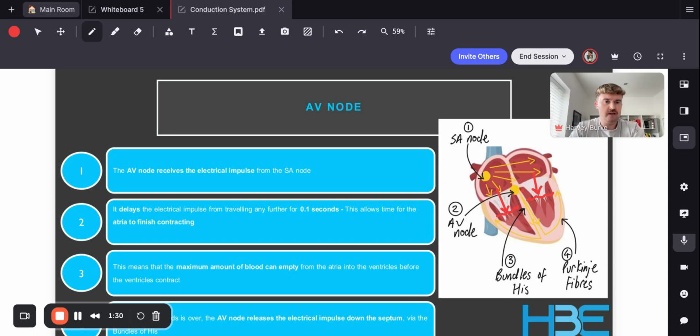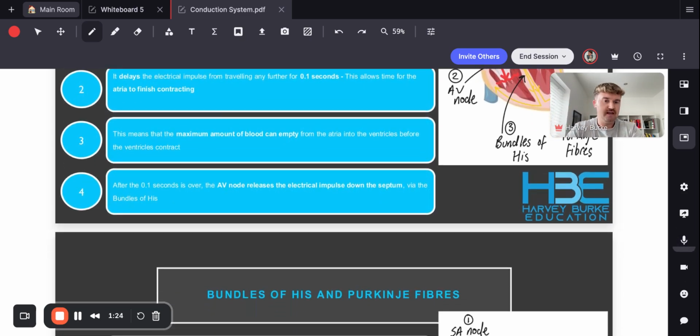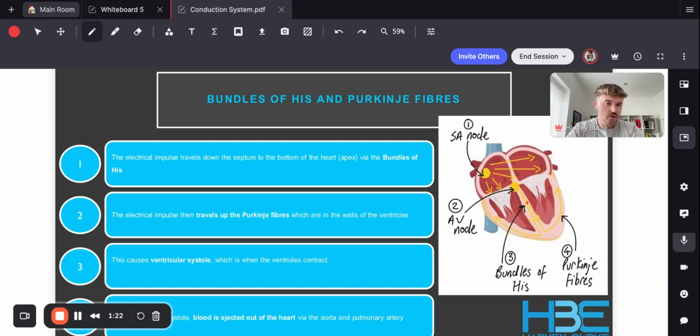So that's the relevance of the AV node. It's creating that 0.1 second delay before allowing the electrical impulse to then travel down the bundles of His until the electrical impulse then gets to the bottom of the heart and then eventually up the Purkinje fibres.